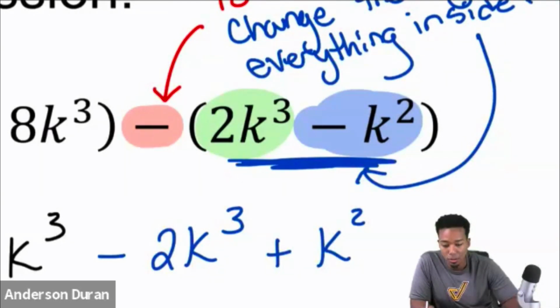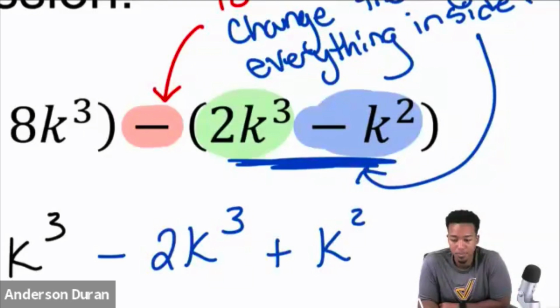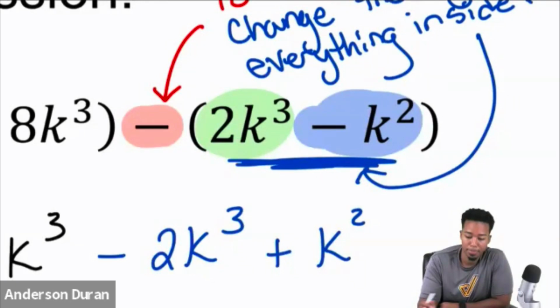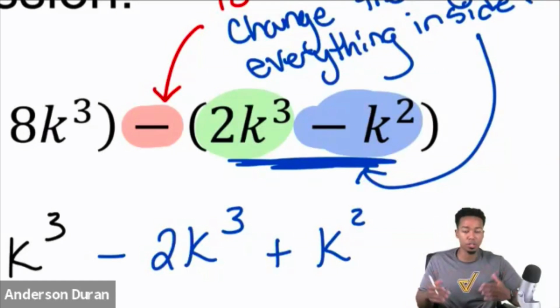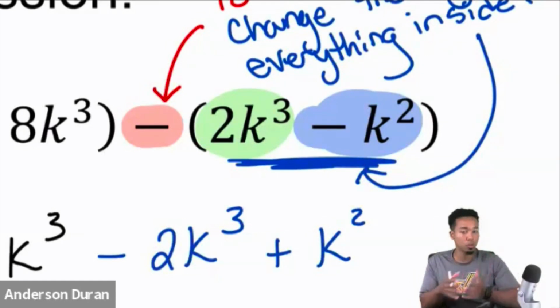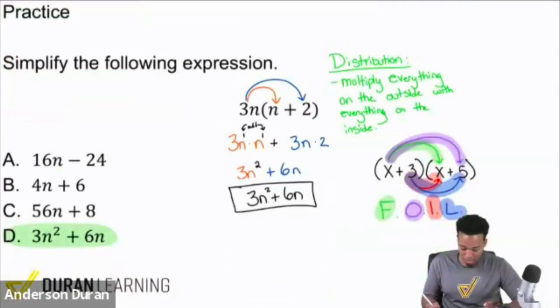Tiff, I got you. Let me go ahead and give you the opportunity to unmute yourself. Go ahead, Tiff. So when you change the 2k cubed, you leave that minus alone? So that it basically just disappears because you apply it, you're distributing it. So like, let's say we're looking at a problem where we did this.